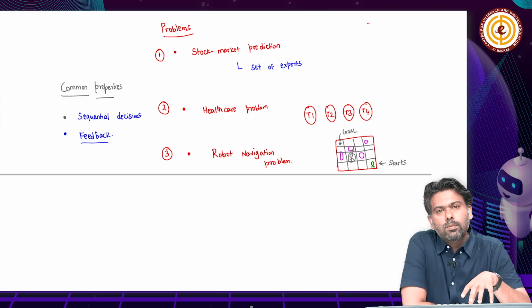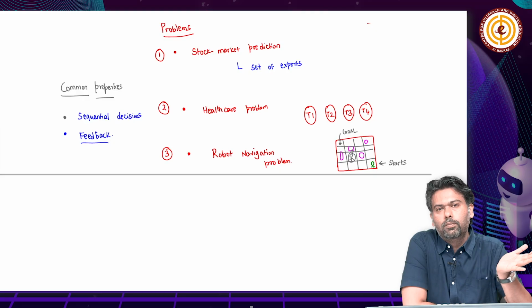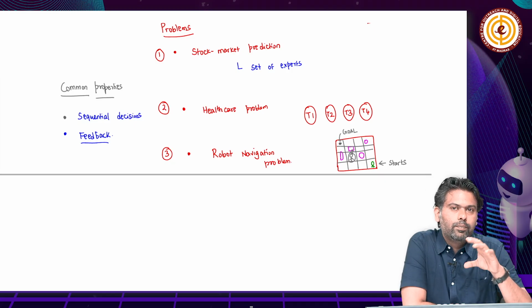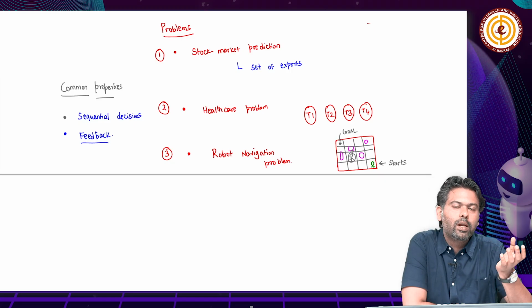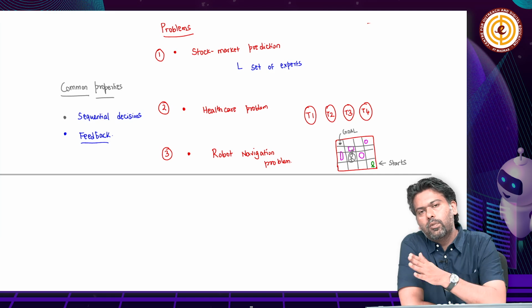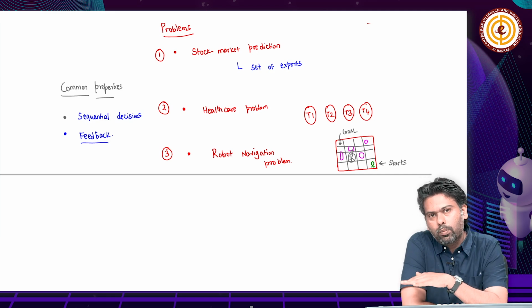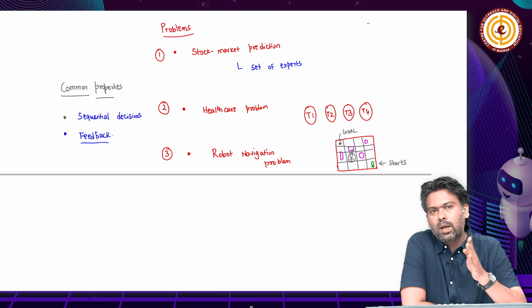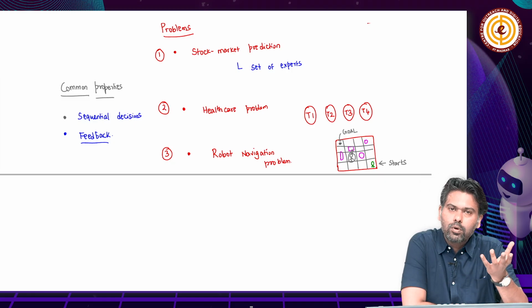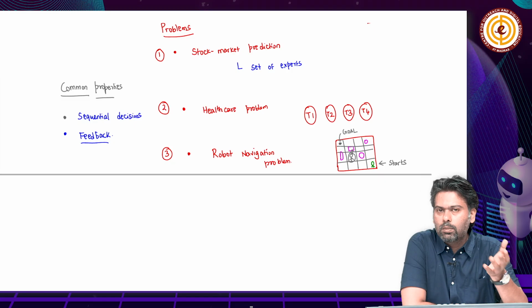Are these three problems the same problem? Are we trying to solve the same problem? In other words, for example, in a supervised learning setup, it does not matter whether you are trying to predict, given a customer profile, whether this customer will pay the loan back or not, that is one problem. Whereas another problem could be, given an email, I want to say whether this email is a spam email or not spam email. Of course, the data is going to be different, the labels are going to be different.